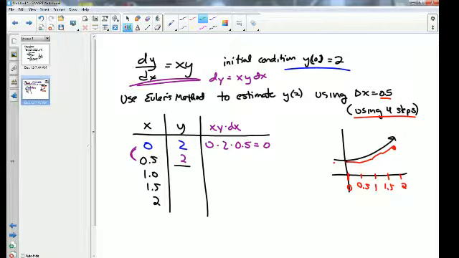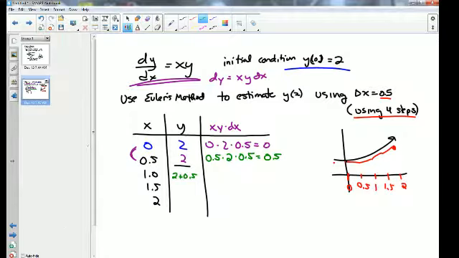All right, so what's our new x value here? 0.5. Our y value is 2, right? And our 0.5 is still our step every time. Okay, so what does that give us? 0.5. So this would be 2 plus 0.5.